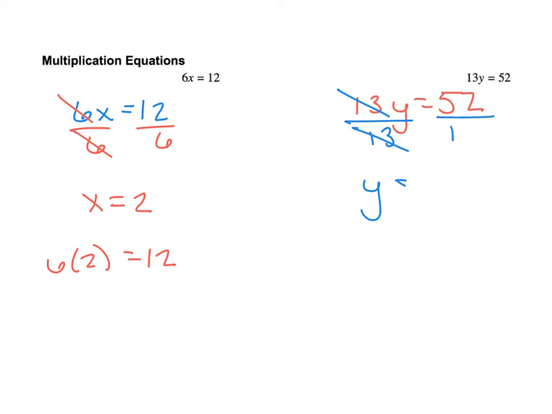And if I do the same thing on the right-hand side, 52 divided by 13 is 4. I can check my work, like we said, by doing 13 times 4 to get 52. And if you don't believe me, think about a deck of cards, right? Each suit within a deck of cards has 13 cards, and then there are 52 cards total.